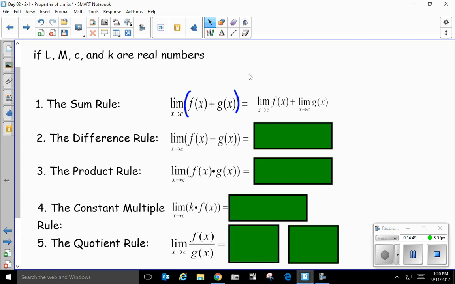I can take the limits individually, and I still add them together. See what I'm saying? And we'll do these so that you have a better grip on it.